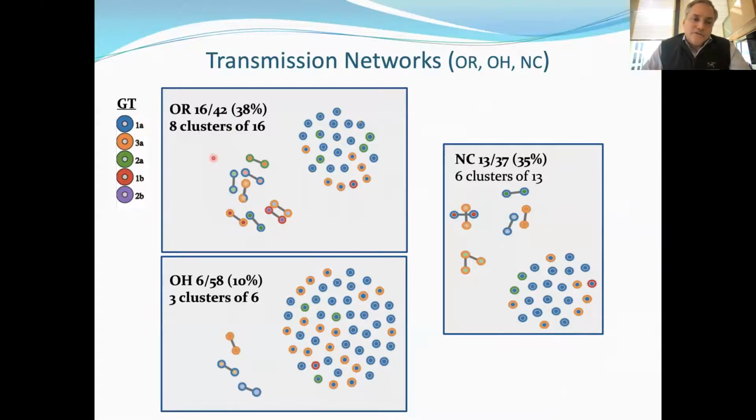But it also raises across each of these sites, as we look at Ohio, 10%, and North Carolina, 35%, that there are differences in the rate of clustering. That's potentially largely influenced by the rate at which the patients are enrolled. You can imagine a case where you may have one seed individual who goes out to invite other individuals into the trial, and they might bring in 10 people, or you might have 10 seeds which go out and bring in one individual each.